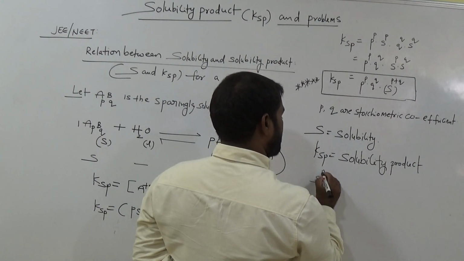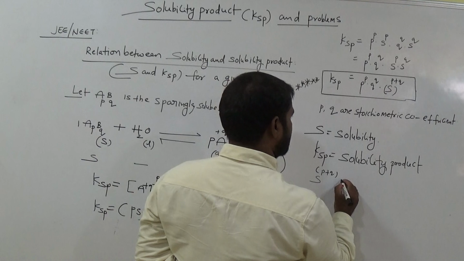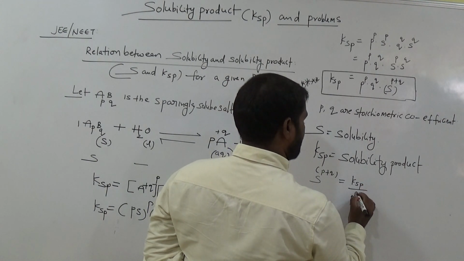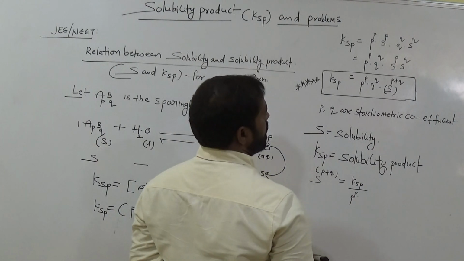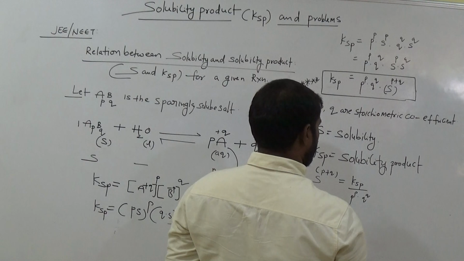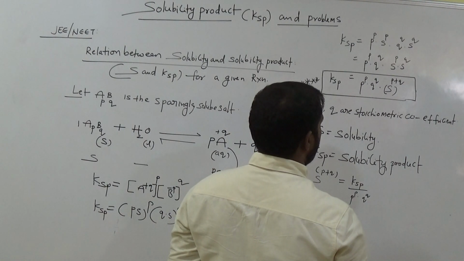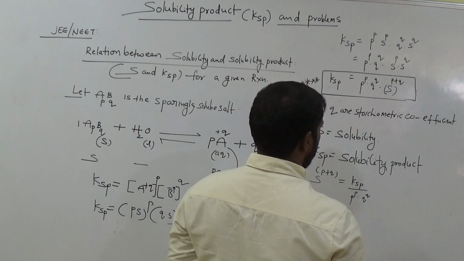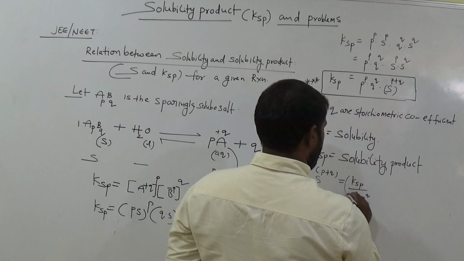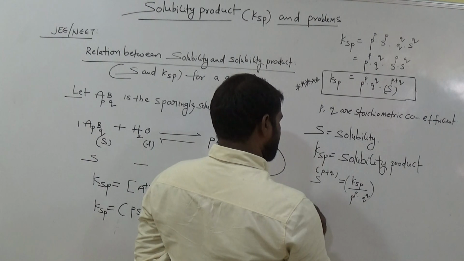S whole power P plus Q is equal to Ksp by P power P, Q power Q. Am I right? Clear? From this one, S equals how much?